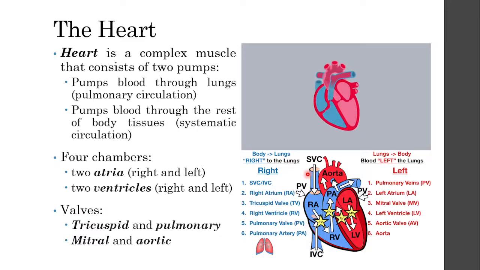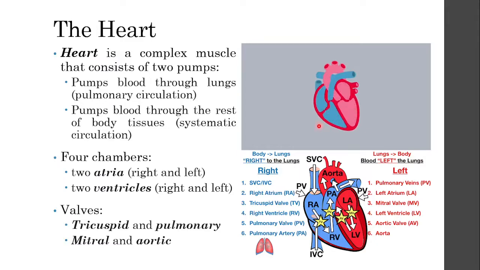Our inferior vena cava, on the other hand, brings the blood from the lower portion of our body, like our legs, hips, stomach, around that area, back to our heart. Both the superior vena cava and the inferior vena cava lead first to the right atrium. So this is our right atrium here. This is still deoxygenated blood, so it needs oxygen.